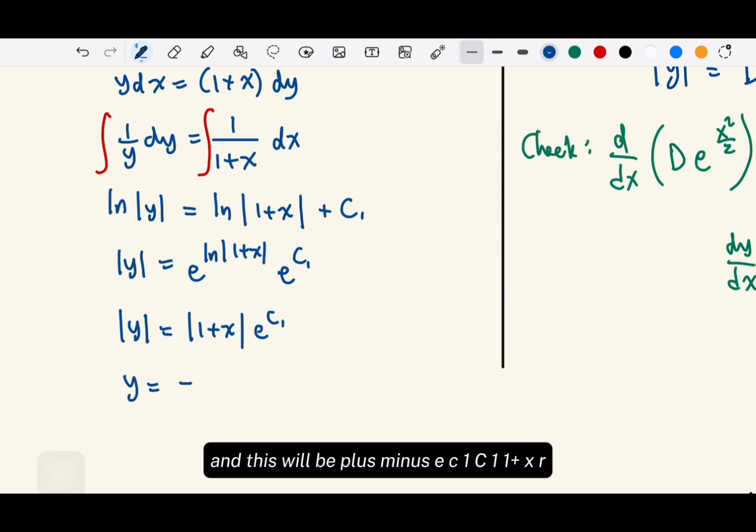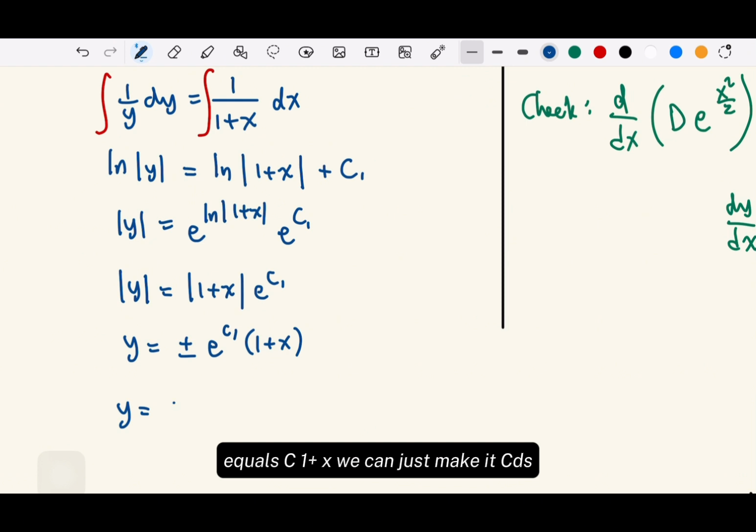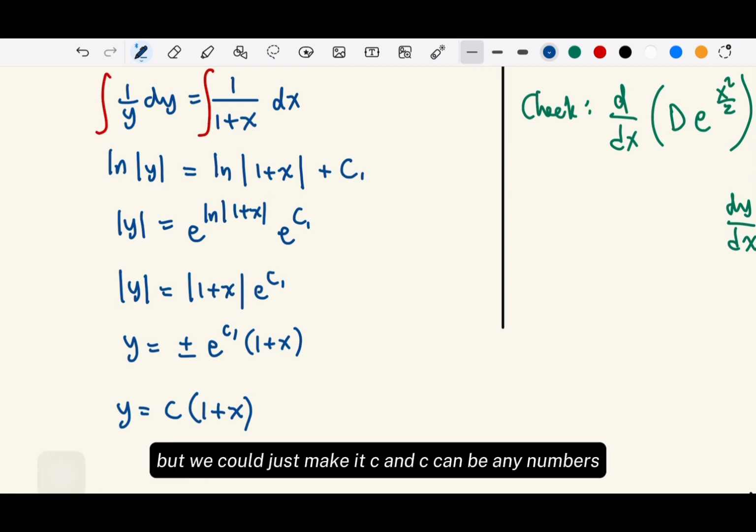And this will be plus or minus e to the c1 times 1 plus x, so y equals c1 times (1 plus x). Or we could just make it c, because e to the power of c is a constant, plus or minus, and c can be any number.